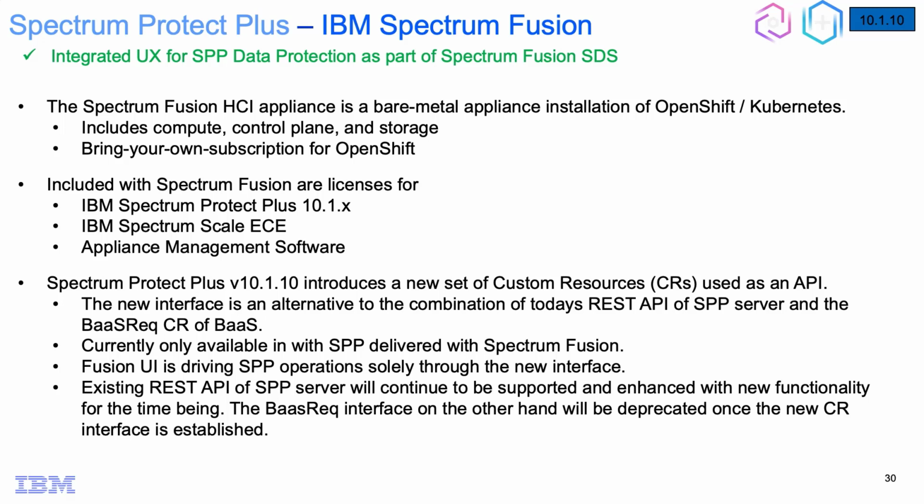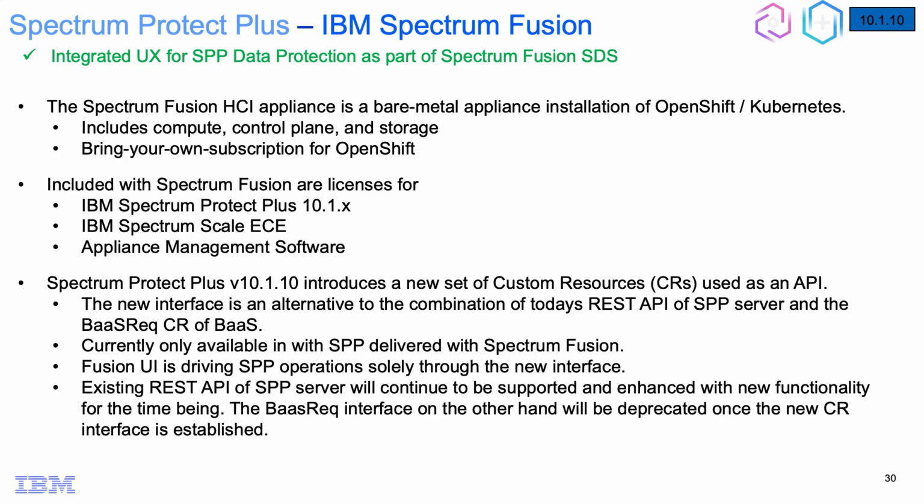So right now we have a REST API and the so-called BaaS CR of the Backup as a Service client for Spectrum Protect Plus. Beginning in version 10.1.10 and later, we're going to have this new infrastructure with this new API. Currently, this is only going to be available within the version of Spectrum Protect Plus for backing up Spectrum Fusion, and it's going to allow you to do data protection operations on that storage infrastructure that is delivered with Spectrum Fusion.